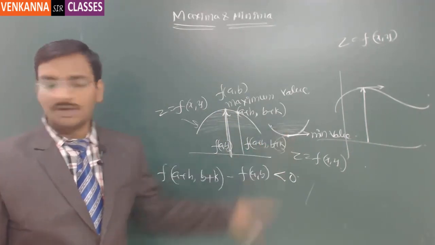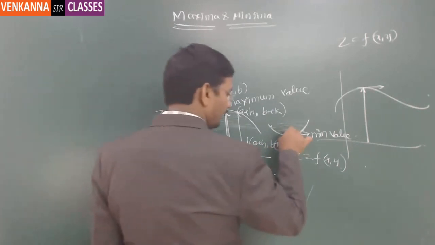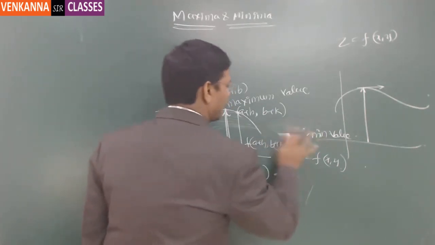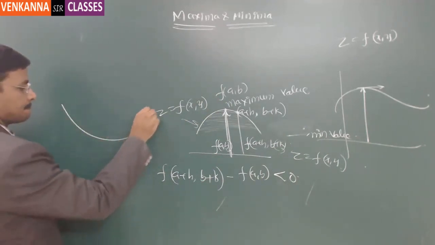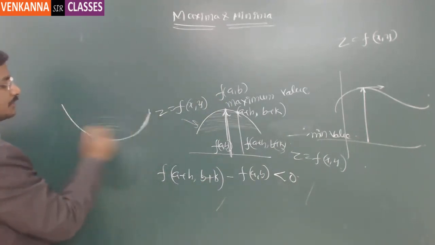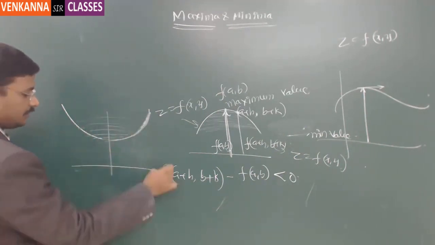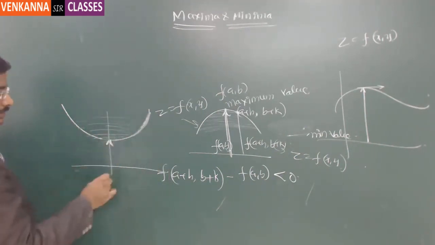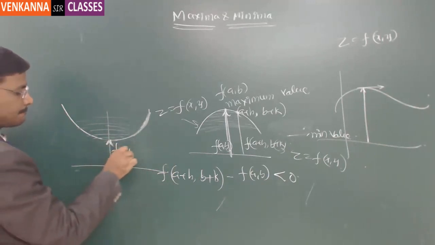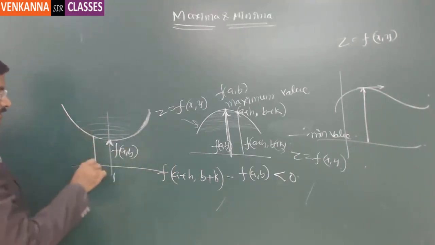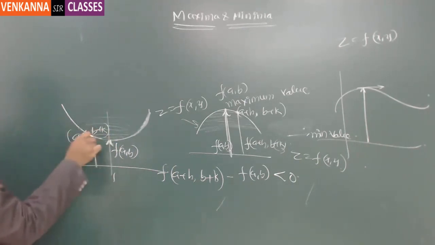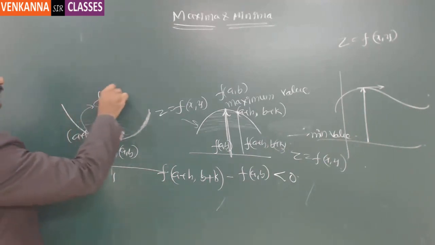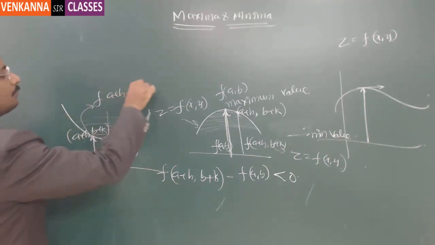Now for the minimum value, I'll draw a bigger shape here. Take the x y axes, and this point is f of a comma b. Any nearby surrounding point is h comma k, so this is the point a plus h comma b plus k, and the function value there is f of a plus h comma b plus k.